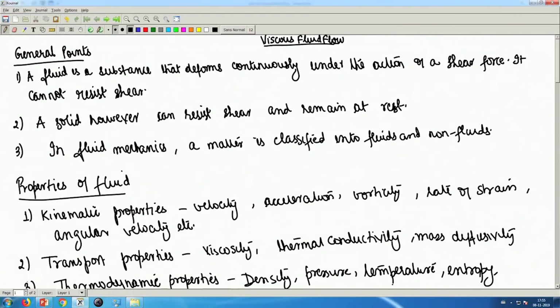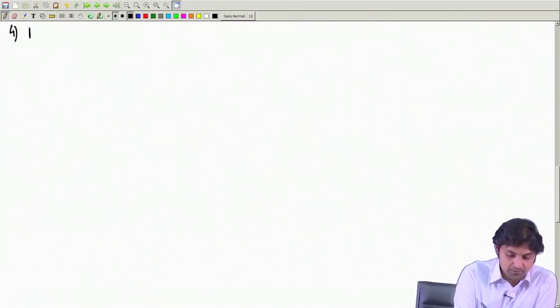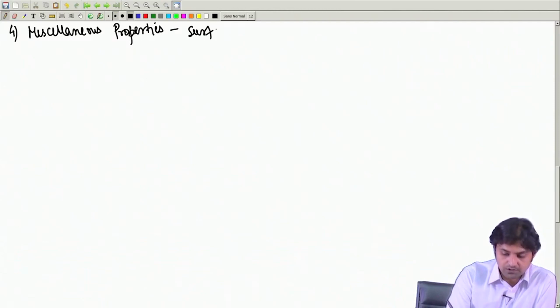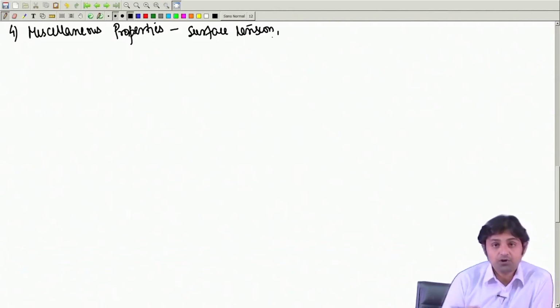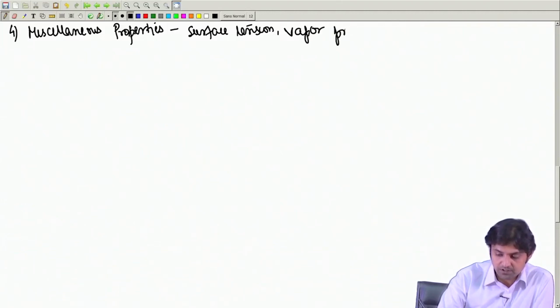So we will go to another page, and there are some other miscellaneous properties. Miscellaneous properties include surface tension. It's important to know these properties, at least know what those are. Vapor pressure.